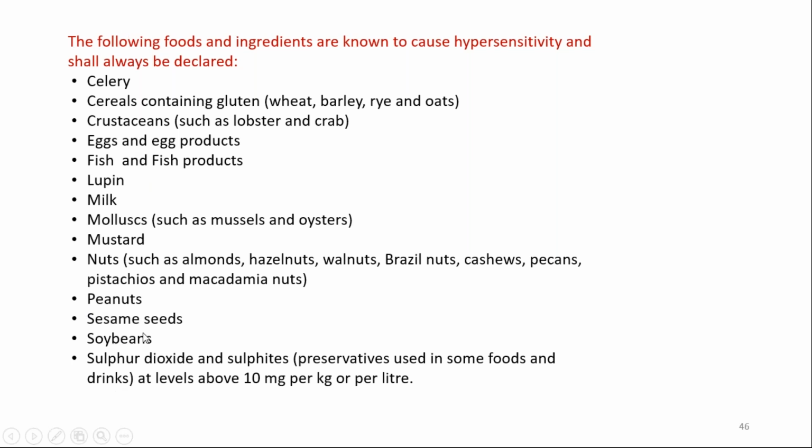So it is very essential that you look for these ingredients. And now in many countries, the rules also say that if the food has been processed in machinery which has pre-processed these, that also be labeled to prevent any carryover and allergic reaction.